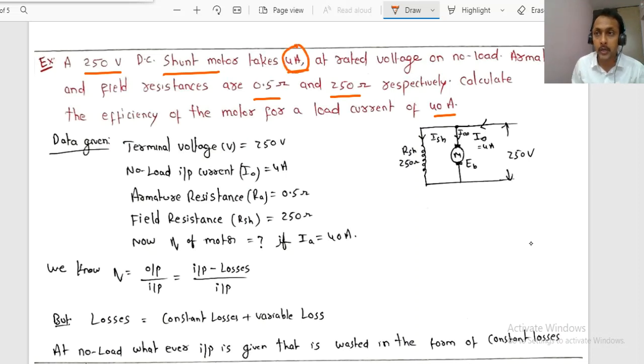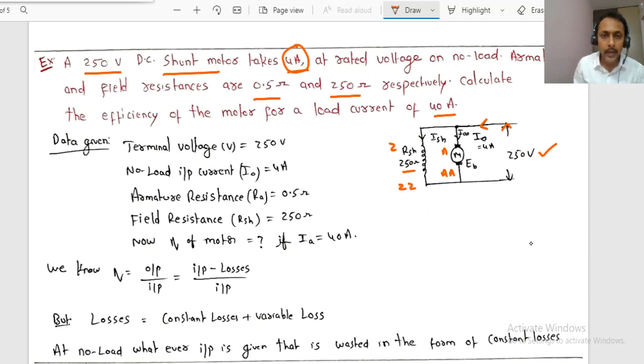From this, we should be in a position to calculate the constant losses. So, with respect to the shunt motor, I0 is the no load current drawn. 250 volts is applied. This is the motor armature A, and this is the shunt field winding. The resistance is given as 250 ohms.